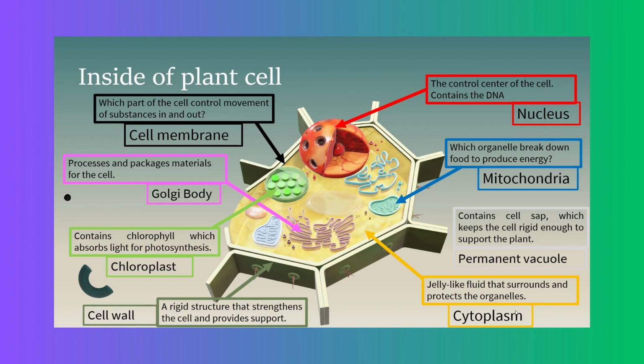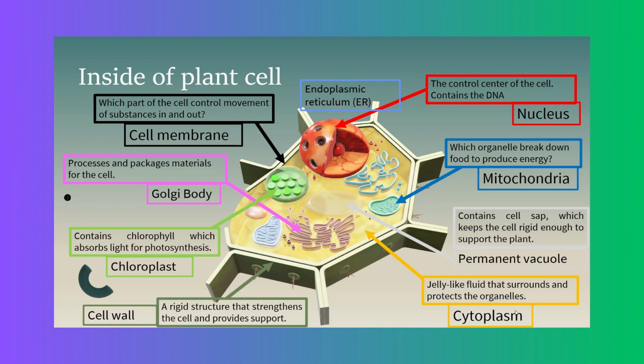In an animal cell it's really small, here it is really big and gives the plant cell support. Because the permanent vacuole is big and can occupy the plant cell, this is one of the reasons why in plant cells you will find the nucleus in the corners of the cell, while in an animal cell you will see that it's more in the middle.